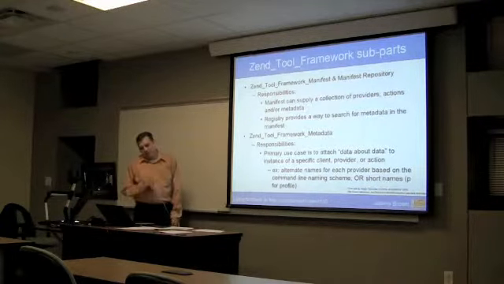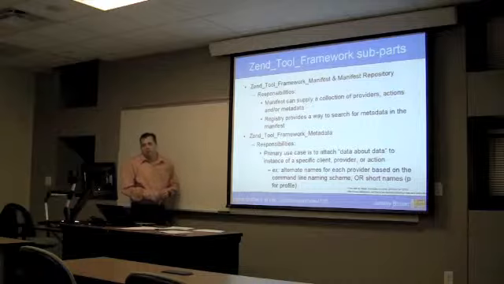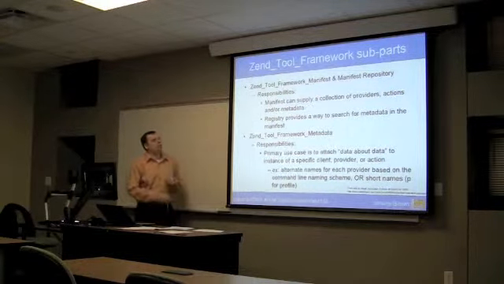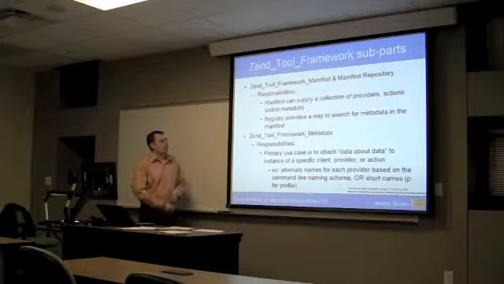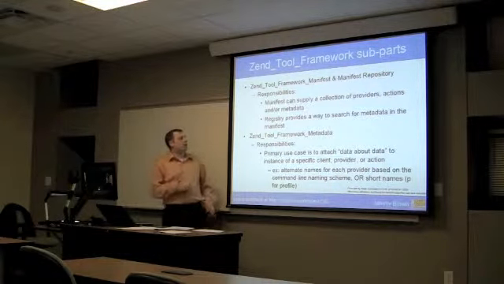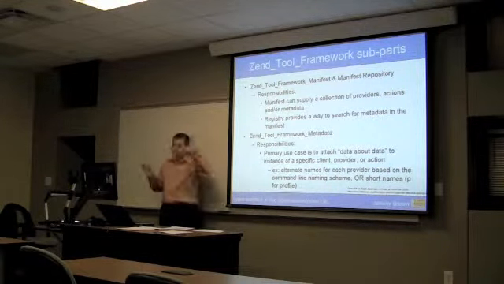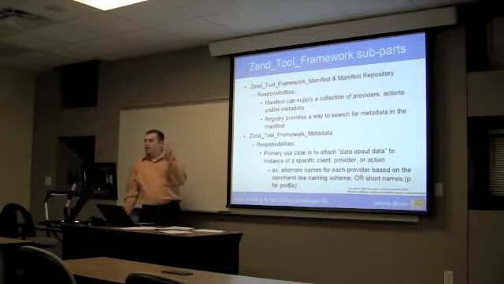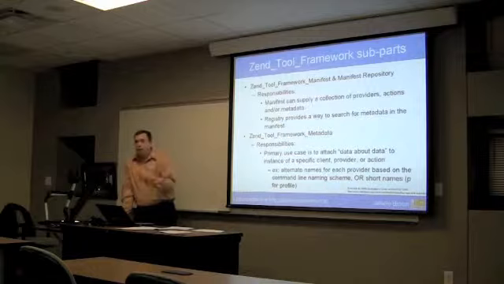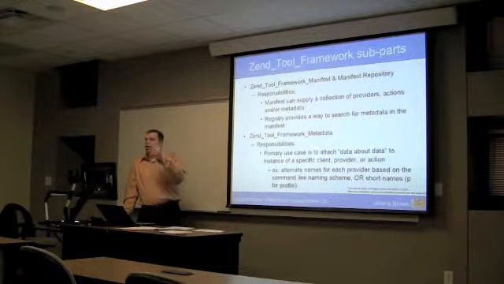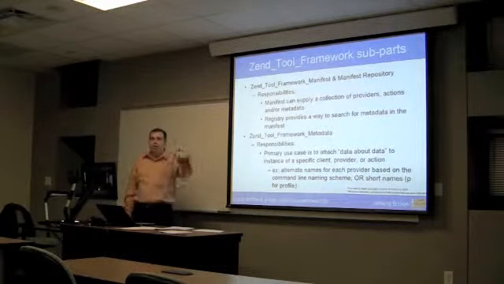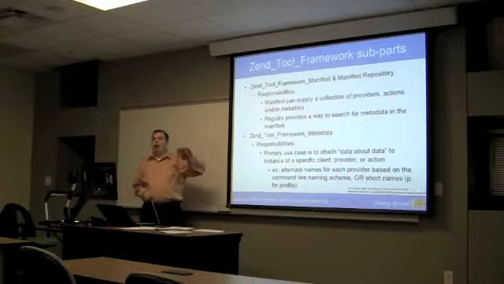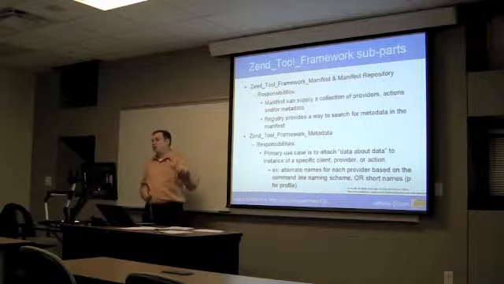And then lastly, Zen Tool Framework Manifest and Manifest Repository. So the manifest can supply a collection of providers, actions, and/or metadata, and the registry provides a way to search for metadata in the manifest. Again, we're going to have examples for this, I promise. If you think back to, or maybe even current day shipping, if you have a manifest, it's nothing more than a list that says, hey, this is there, and this should go over there, and that type of thing. This is a way to be able to manage your providers.